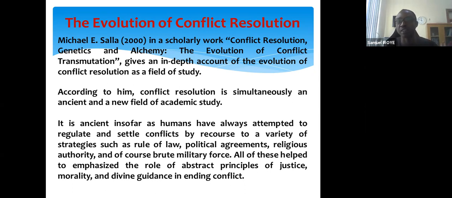And we mentioned some of them: rule of law, political agreement, religious authority, use of military force. All these helped to emphasize abstract principles of justice, morality, and define guidance in ending conflicts.